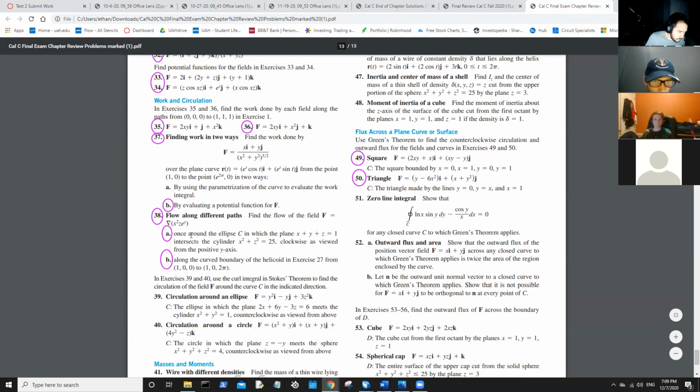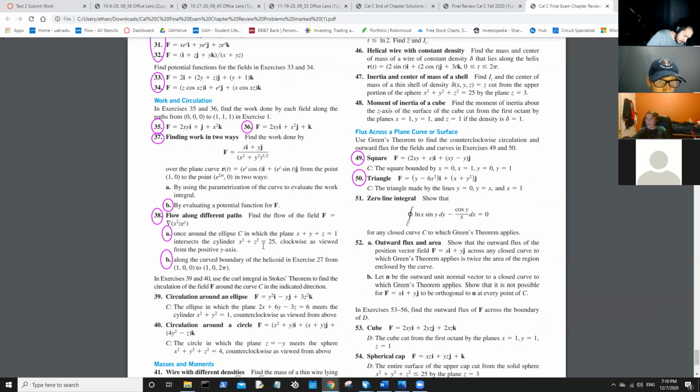So once around the ellipse in the plane x plus y plus z equals 1, which intersects the cylinder, as viewed from the positive x. This is just to draw our limits of integration. I'm going to occupy myself with that after I do the partials.